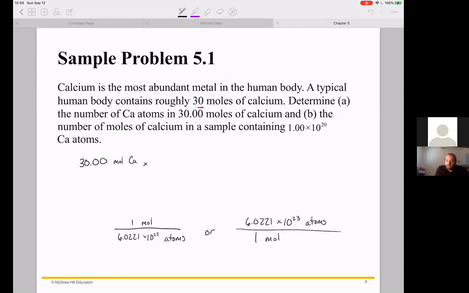Remember, I always want to pay attention to units, and I want my units to cancel out so that I'm left with the quantity that I want, which in this case is atoms. So I'm going to use this form over here. I'm going to say 1 mole of calcium is equal to 6.0221 times 10 to the 23rd atoms of calcium.